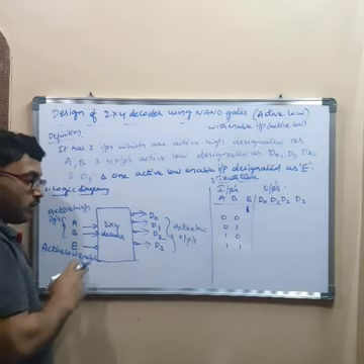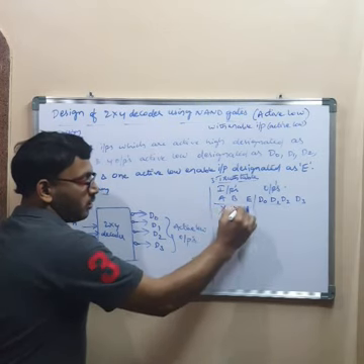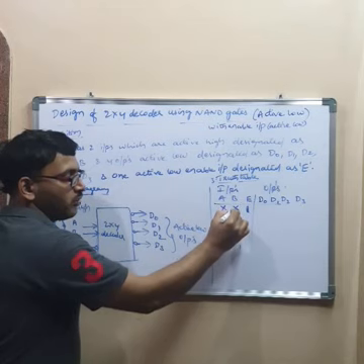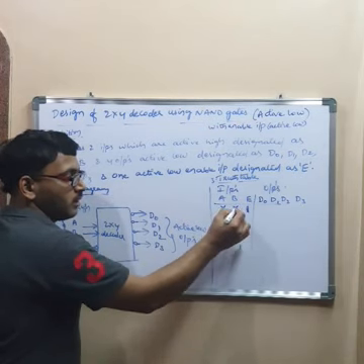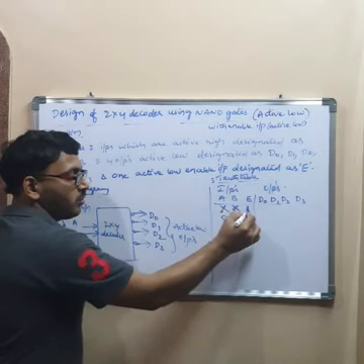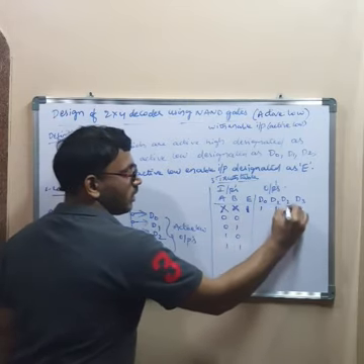If it is not activated, whatever the inputs you apply, I will put don't cares at the input side. The meaning of don't care is that the value can be either 0 or 1, whatever may be the value. If enable input is not activated, the output doesn't depend on it.